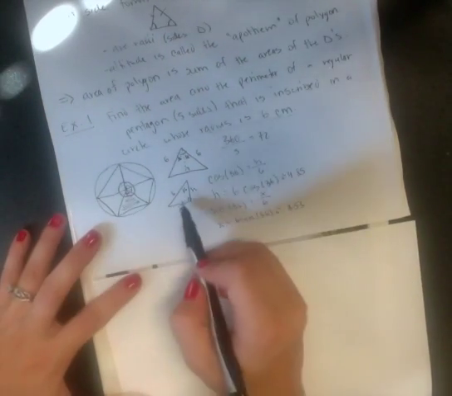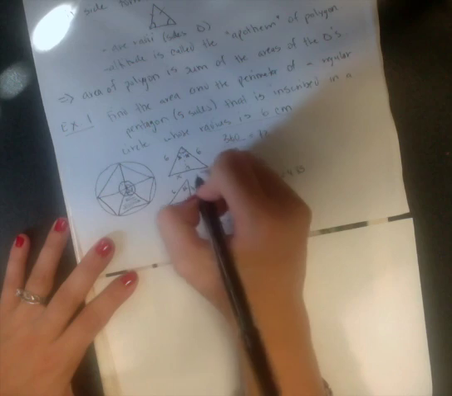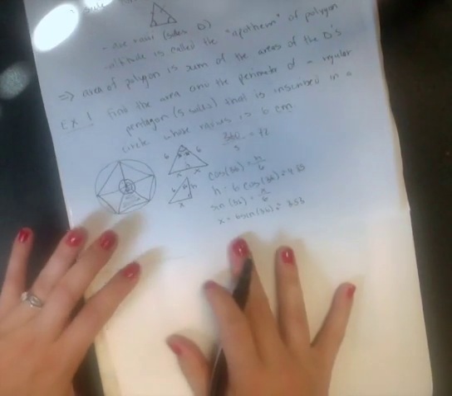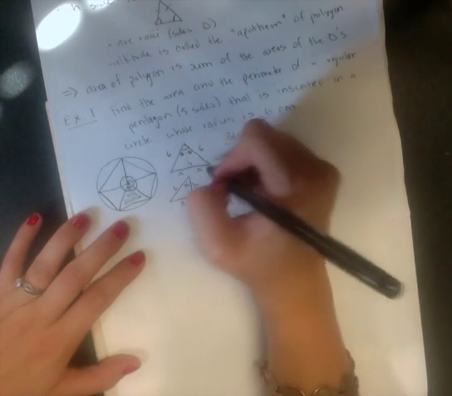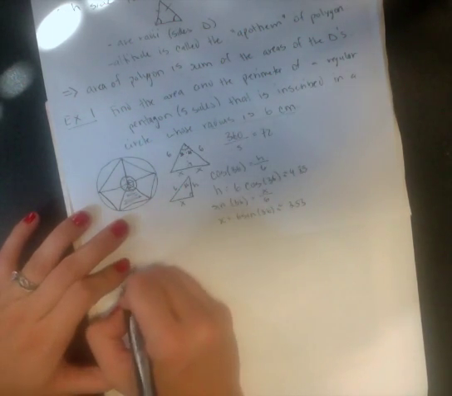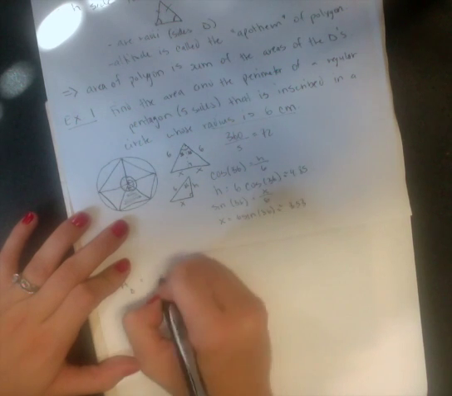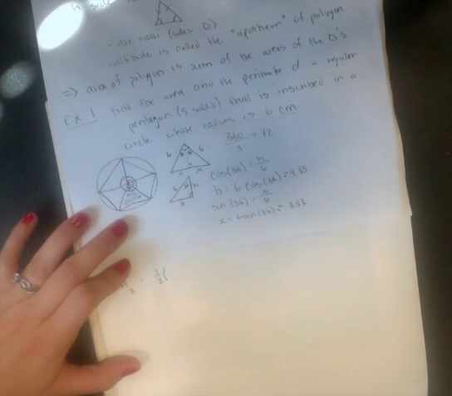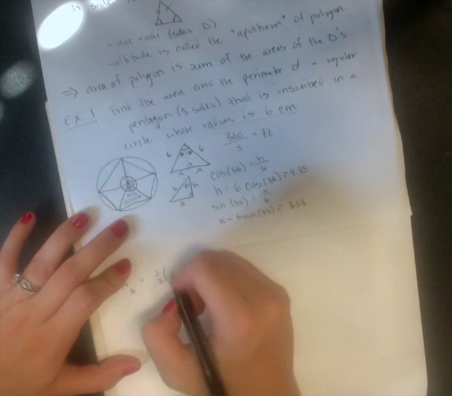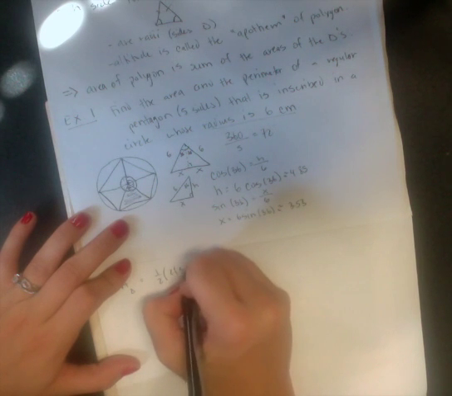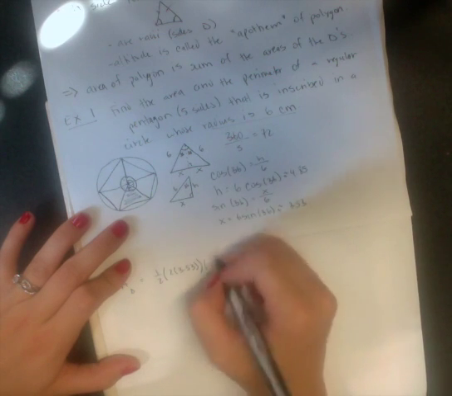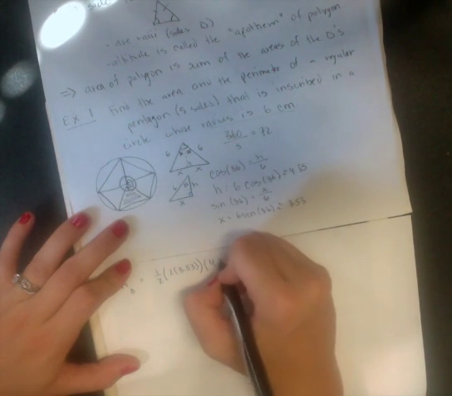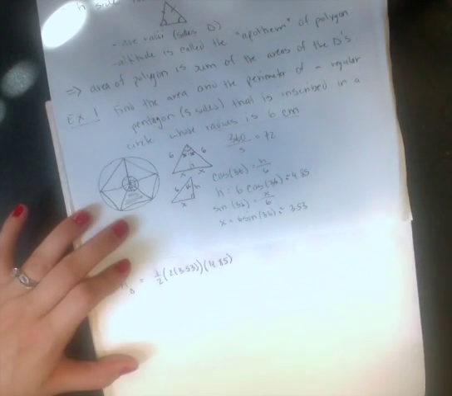Okay, I'm going to move this up. Now that I know this base here, it's actually the same base there because my altitude bisects it. So if I look at this triangle here, the area of that triangle is 1/2. My base is going to be 2x, so 2 times 3.53. And my height is going to be the 4.85 that I have already found.